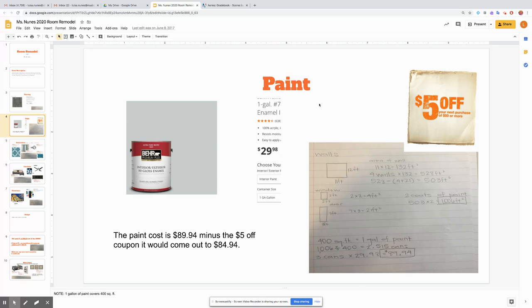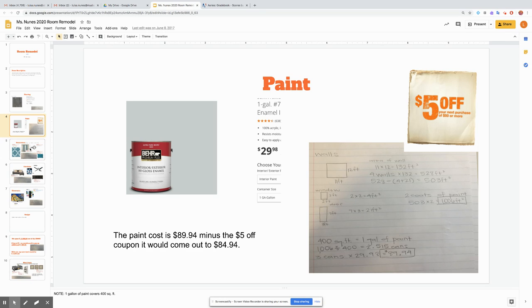So remember, something on sale is not using a coupon. A lot of times you'll see coupons for places like Bed Bath & Beyond that are 20% off regular price, or $5 off of 30 that you spend. So those are coupons.